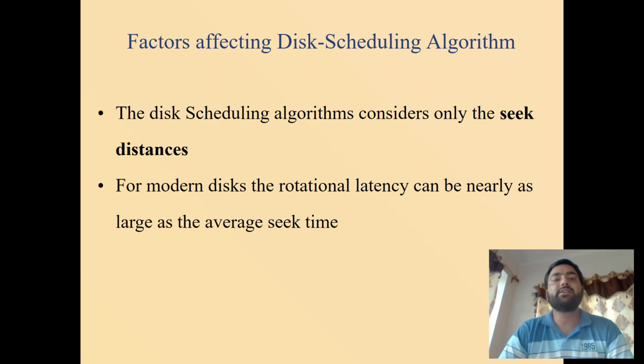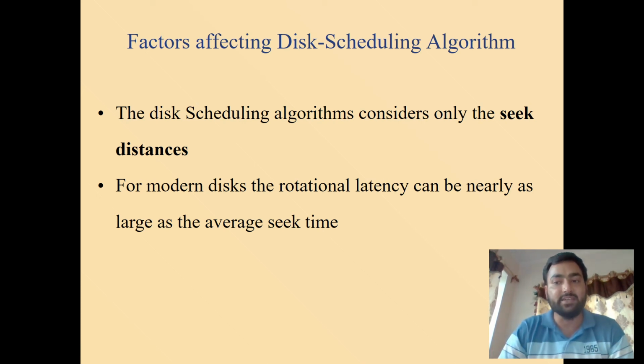The disk scheduling algorithms consider only the seek distances, because we have already discussed that rotational latency and transfer time cannot be changed by the system, but seek time can be changed, and seek time is directly influenced by the seek distance.